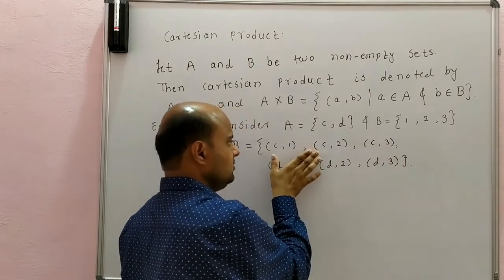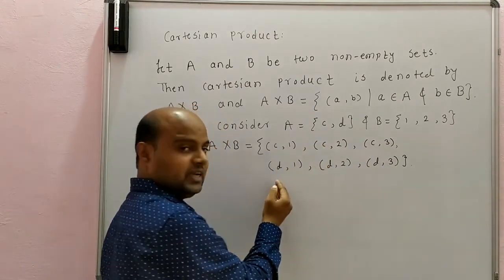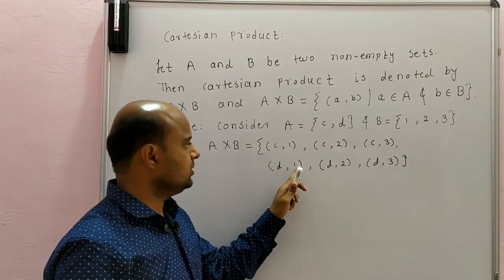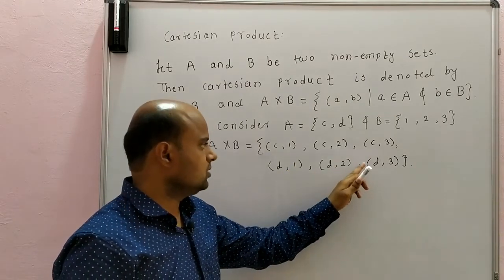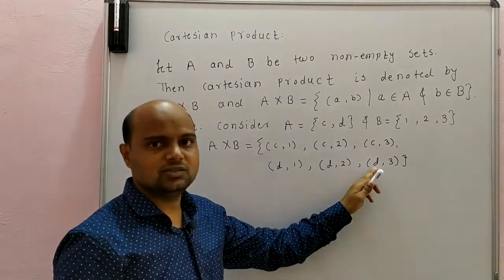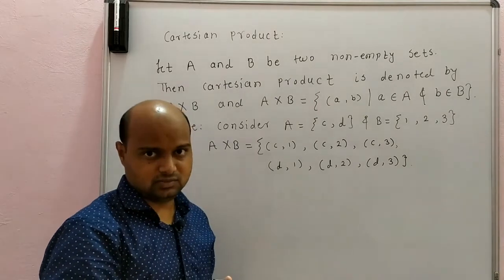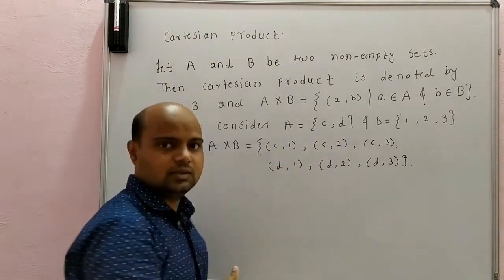Here we have taken each element of B with C. Then we go for the second element of A, that is D, with the first element of B 1, D with the second element of B, that is 2, D with the third element of B, that is 3. We have considered all ordered tuples from A and B.